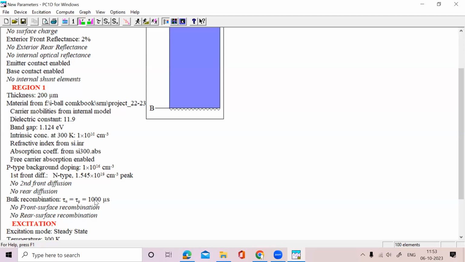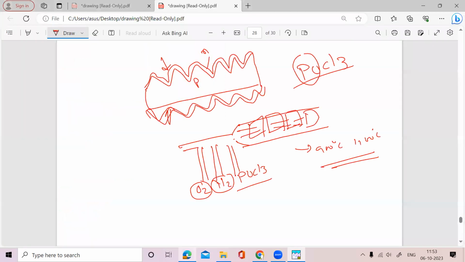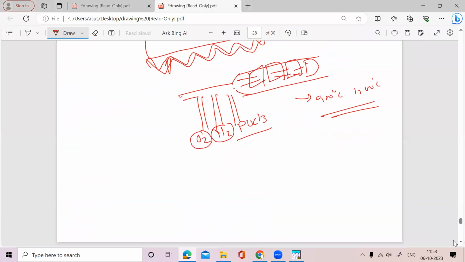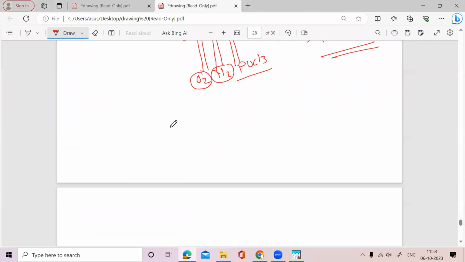There are two types of recombination. One is called bulk recombination, and the other is called surface recombination. Surface recombination happens due to the surface. It is not specific to semiconductors; it happens on any surface. So what happens?